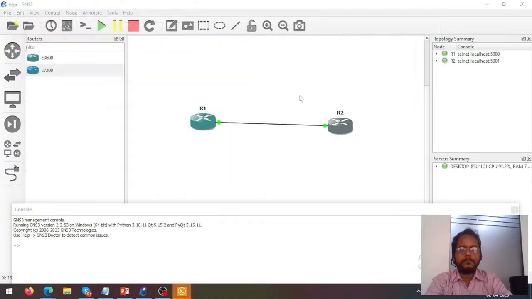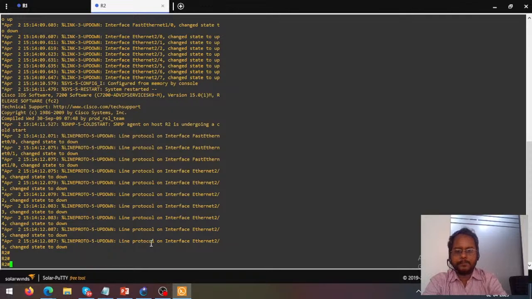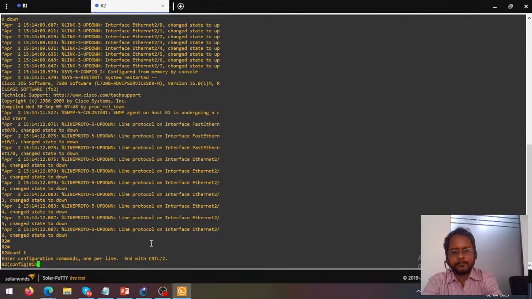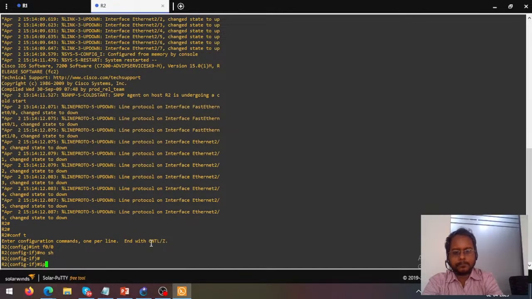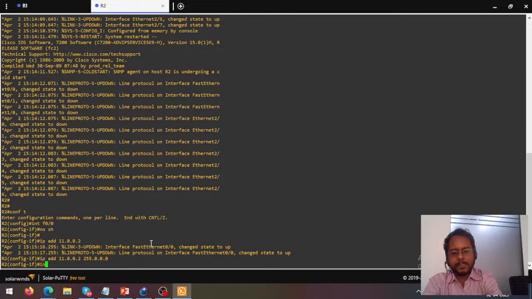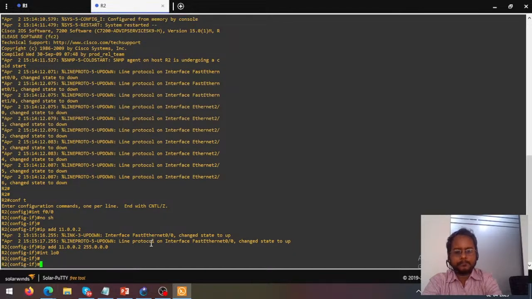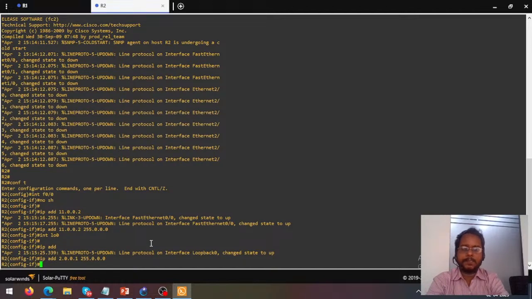And the R2, see this R2 console. So 11.0.0.2 on the FastEthernet, and on the loopback 2.0.0.1, and you can give any mask because it supports classless addressing also, but I'm giving the default for now.